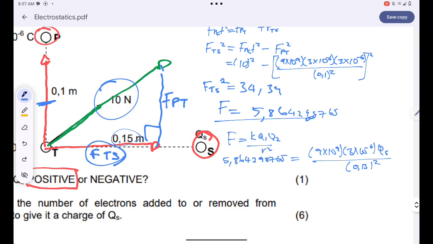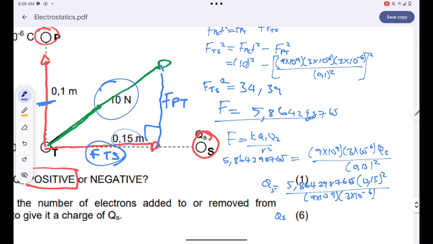Okay, and then for me to find my charge, I just need to cross multiply. 5.864298765 multiplied by 0.15 all squared, all divided by 9 times 10 to the power 9 and 3 times 10 to the power negative 6.